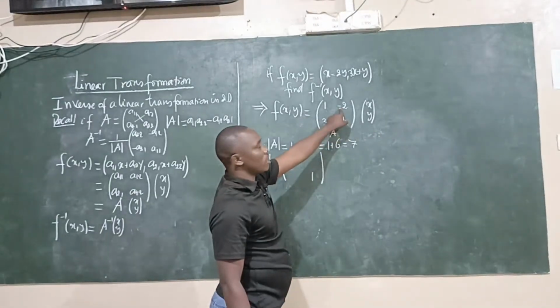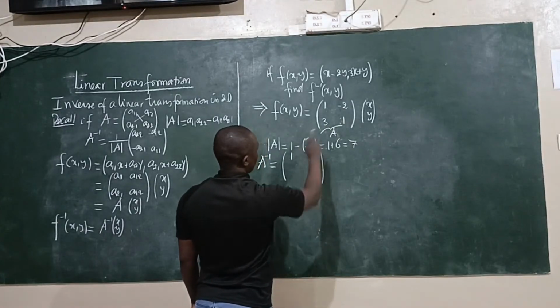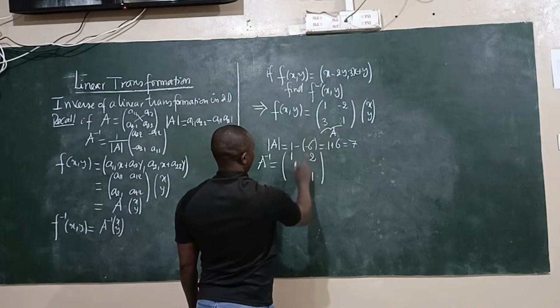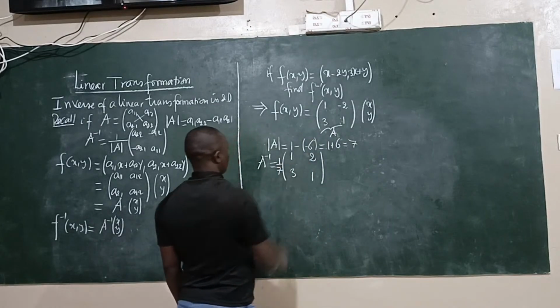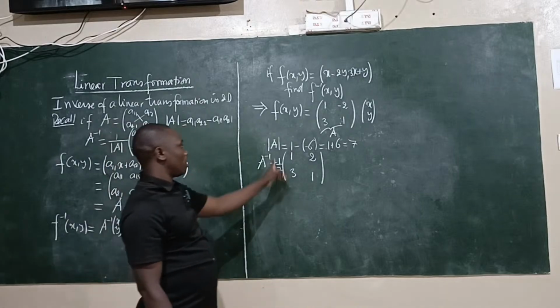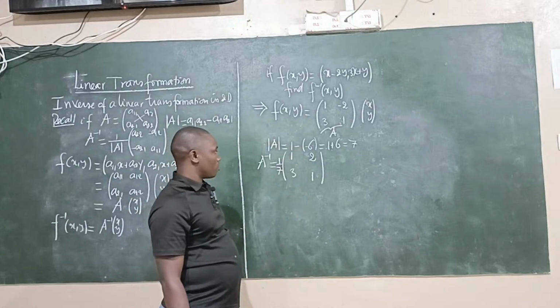That's why -1 times -2, that is 2, and -1 times 3, that is -3. But we have a reciprocal of the determinant, which is 1/7.